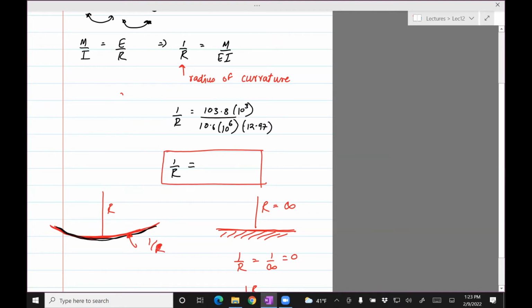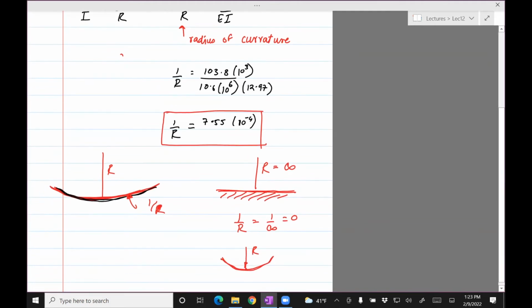Yeah, my bad. So this should be 7.55 times 10 raised to -4. Right. So that makes sense now, because clearly the curvature should be very close to 0.